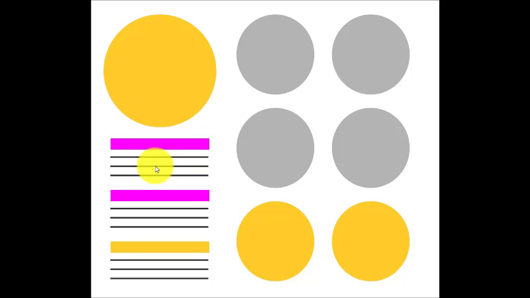Then also we can use this to create hierarchy alongside color and some other things. Then I can tell you that the most prominent of this design is this circle over here. This yellow circle here is the most prominent. Then probably after them, these gray circles, and the other two yellow circles over here. So that's the power of repetition.